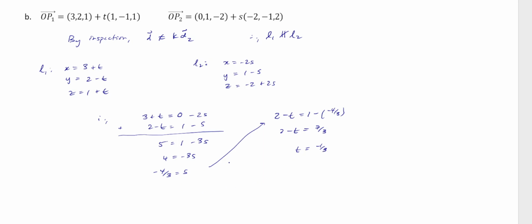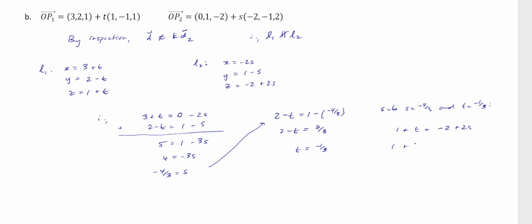Okay, so I have an s and a t value. So finally, I'll take my s and my t, where s is equal to -4 over 3 and t is equal to -1 over 3, and I'll check to see if that makes my z value equal. If it does make my z values equal, then that means that the lines intersect at a point. But if my z values do not equal, then they are in fact skew lines, as we saw before. So 1 plus t is equal to -2 plus 2s.